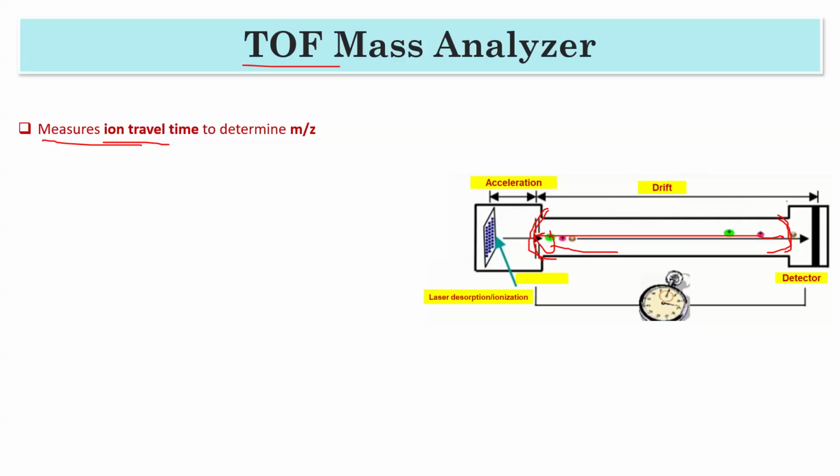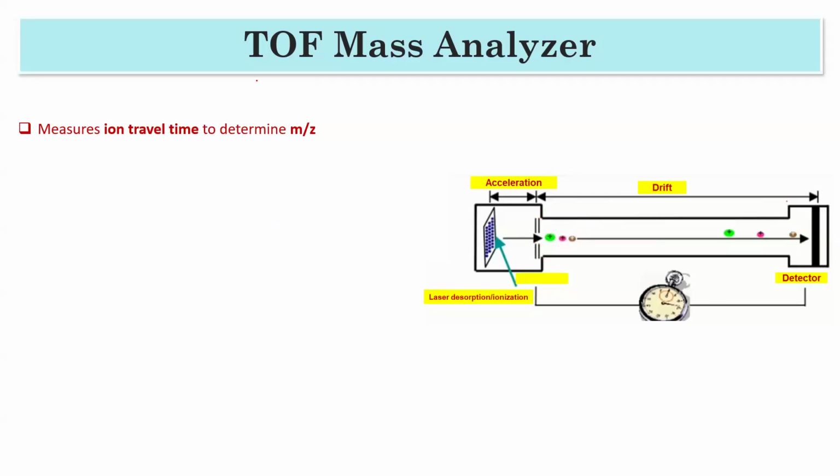If you can ionize even biomolecules with higher molecular weight, then a heavier molecule will be slower, and a smaller biomolecule will move faster. So we can say the same thing.